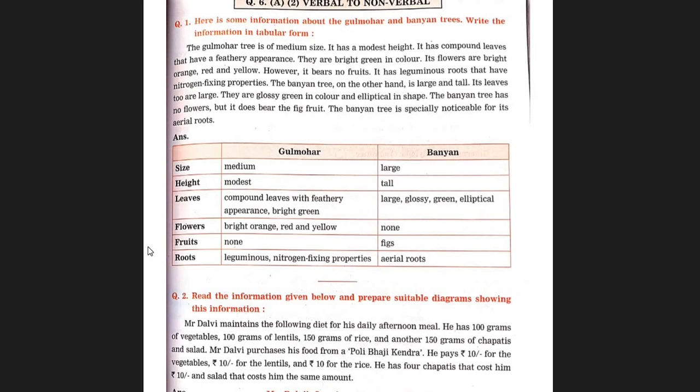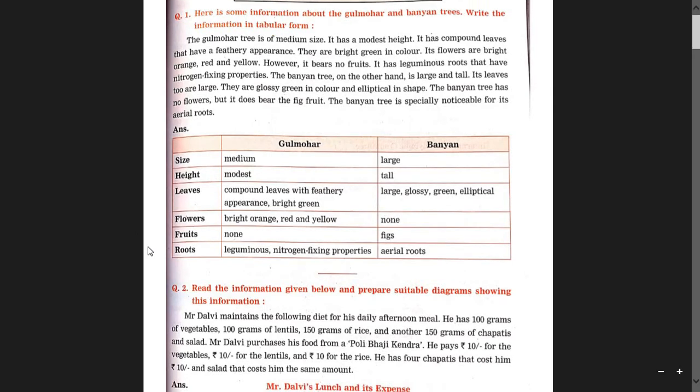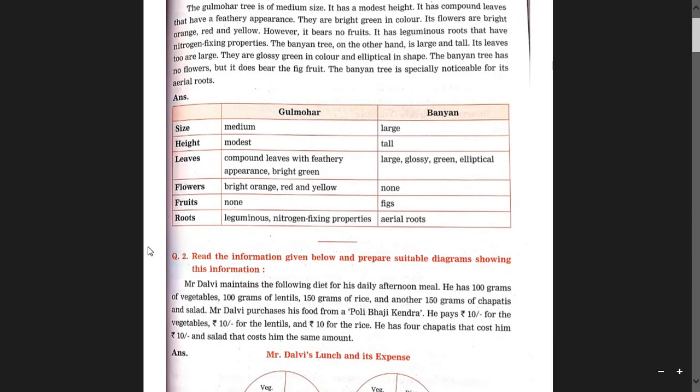So 2 columns are dedicated to 2 independent trees. Next, the passage is also speaking about the size, height, leaves, flowers, fruits of those trees. And then see the systematic classification done. On your screen you could see.